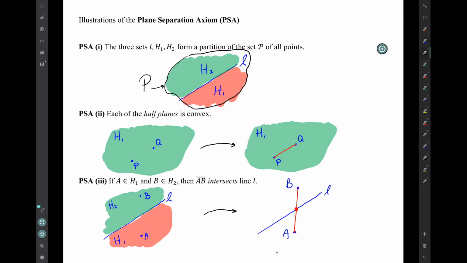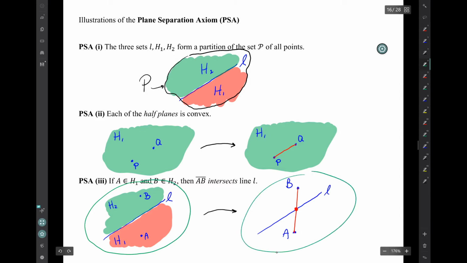So there's my illustration. If point A is in H1 and point B is in H2, then segment AB intersects line L. Notice the style of my drawing. On the right, I left out stuff, like I didn't show the half-planes in the second drawing. It's because the second drawing is meant to illustrate the conclusion.